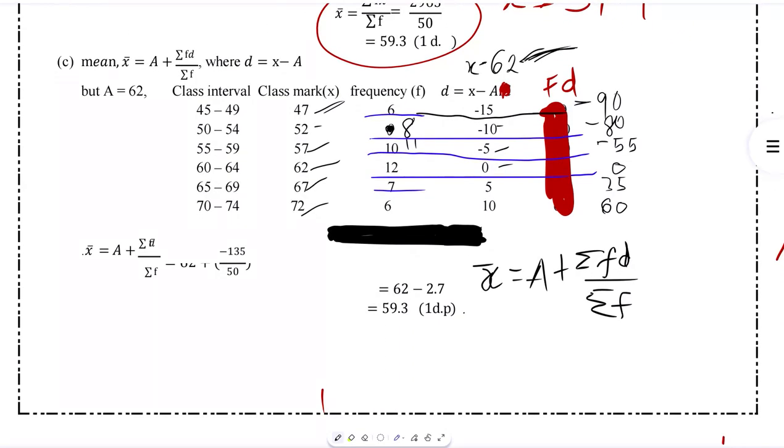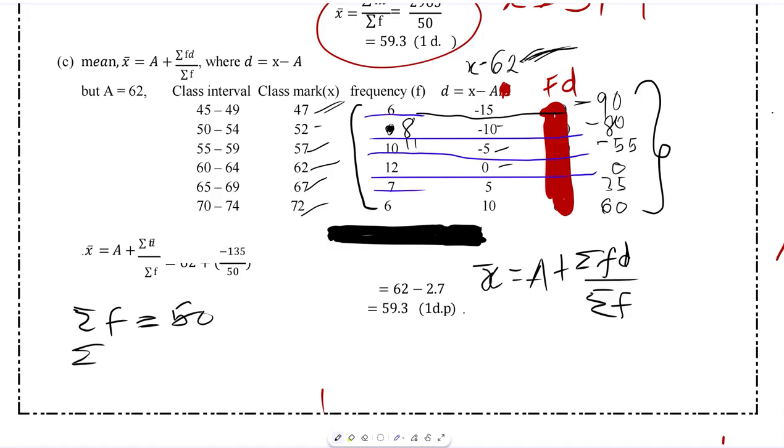So that means you need the addition of everything here, then the addition of F, which is already 50. We added that already. So summation F is equal to 50.